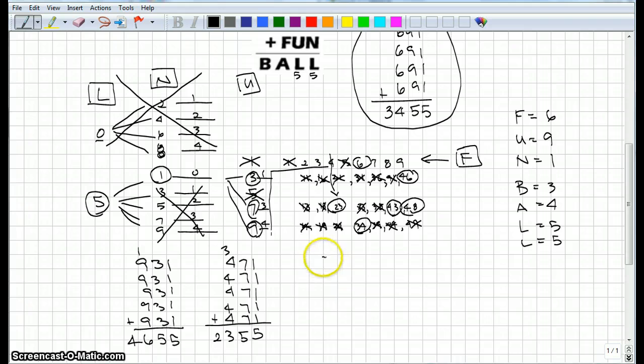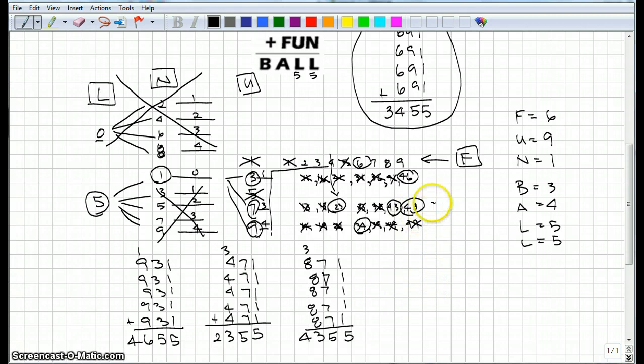And then we have, let's see, we have this one. So F is 8, U is 7, and N is 1. So we have 871, 871, 871, 871, 871. That gives us 5, 35, carry a 3, 43. Okay.